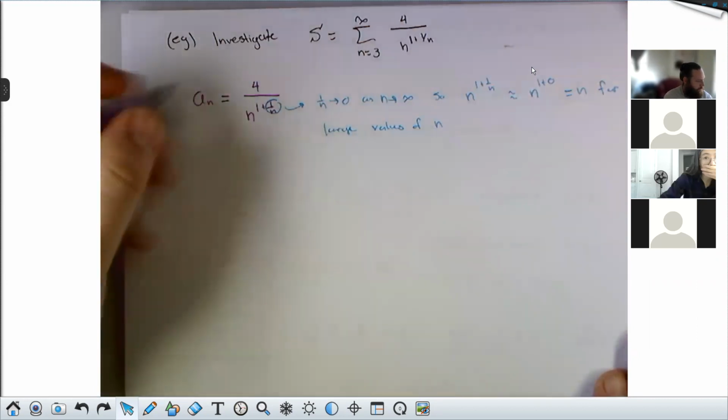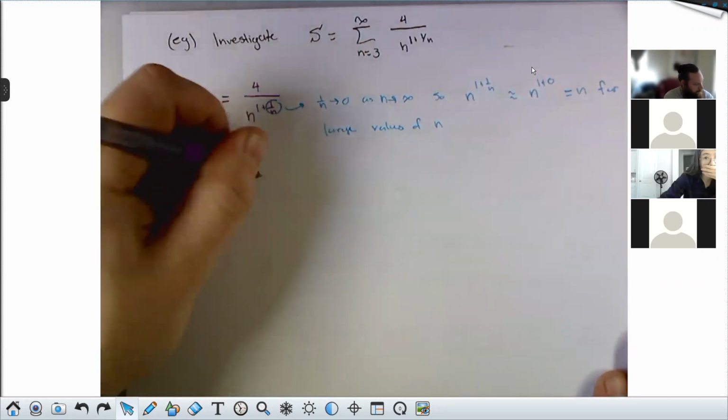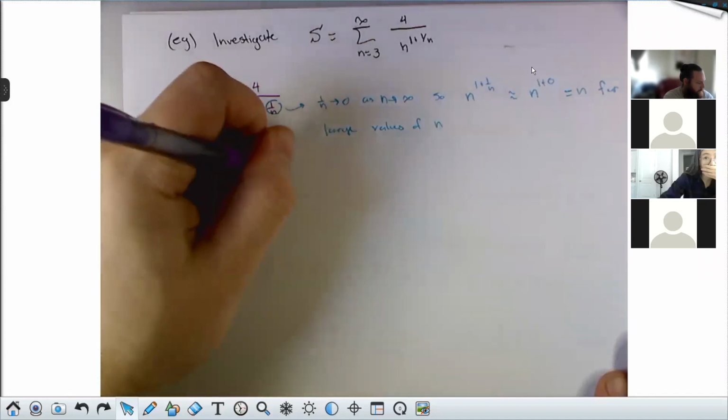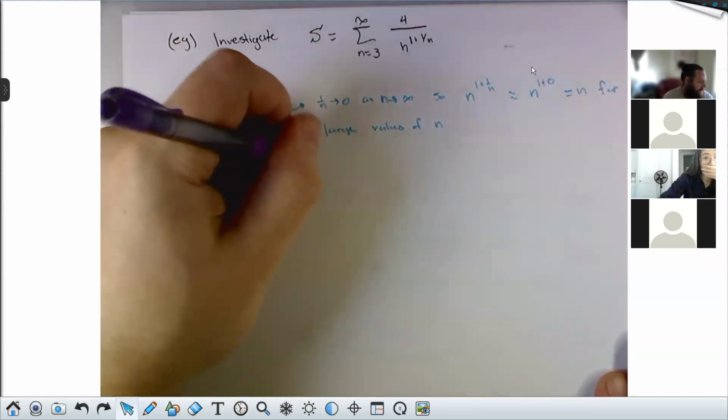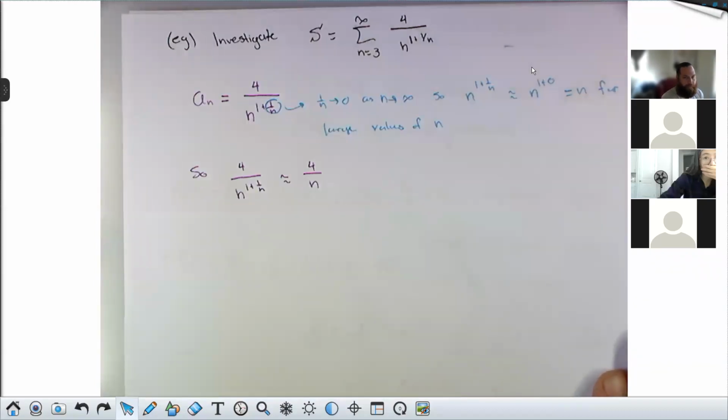So in other words, 4 over n to the 1 plus 1 over n is basically the same as 4 over n. And that gives us a good hint as to what to do.